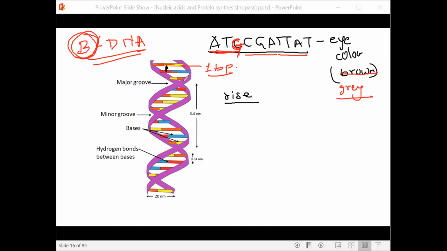How much is that? See over here, 0.34 nanometer. It can also be represented as Angstrom. I multiply it by another 10, and then I get Angstrom, A with a degree sign.